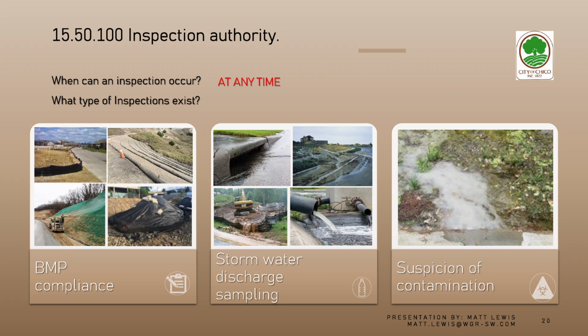Random inspections, which involve sampling stormwater discharge. Inspections sampling areas with evidence of stormwater contamination, illicit discharges, or discharge of non-stormwater to the storm drain system, as well as where there is a reasonable cause to believe that there exists in any building or upon any property a condition constituting a violation on site. So it's really just at your discretion.